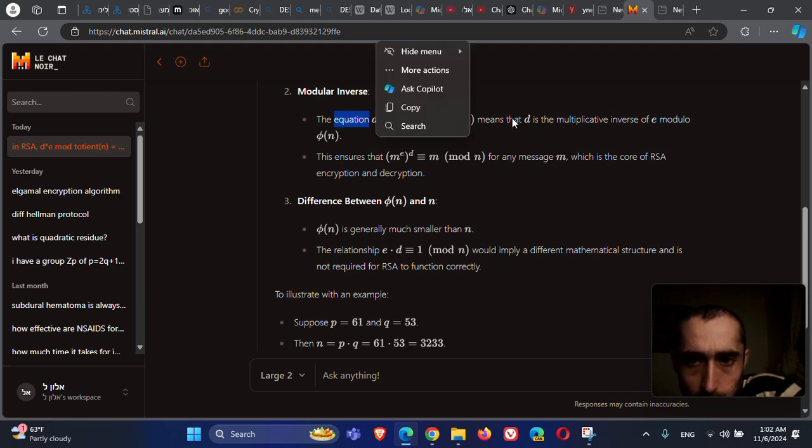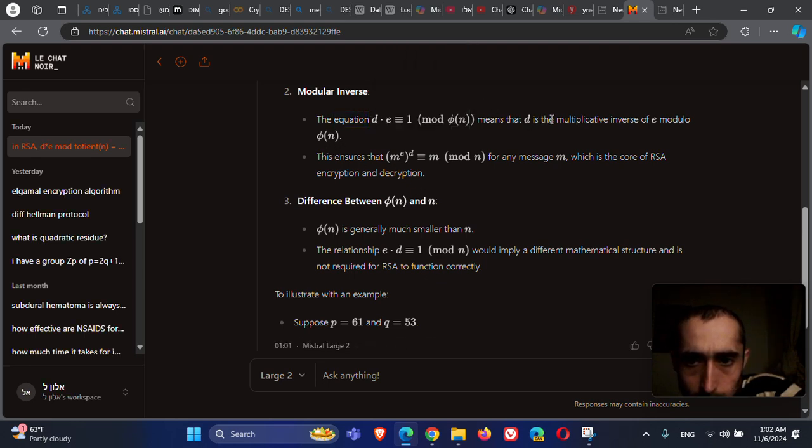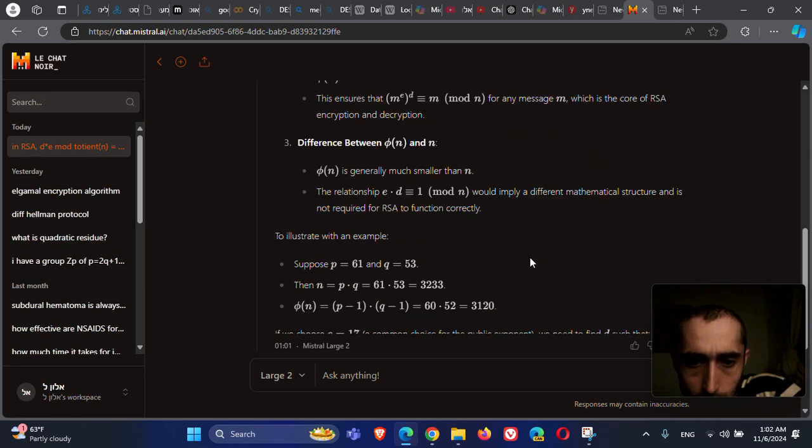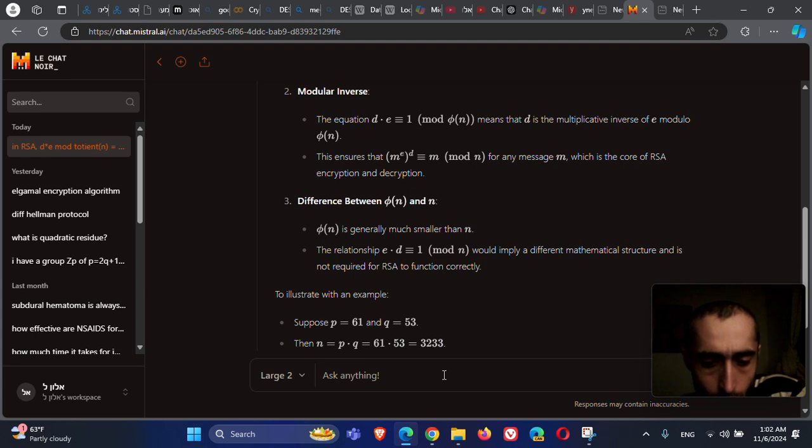The equation means that if d is the multiplicative inverse of e modulo, then it ensures that for any message, which is the core of RSA, the relation would imply m to the power of e times d equals m times e times d times 1.